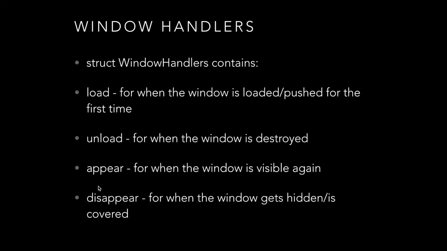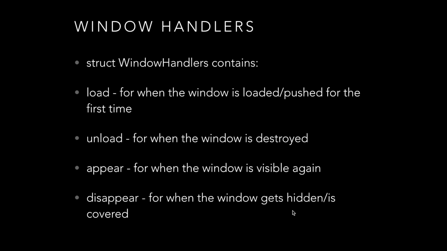Appear and disappear are also nice. Appear is for when the window is visible, so when the user can see it. If you have one window and you push another on top, and you can't see that window, then disappear will be called, because you can't see it anymore.